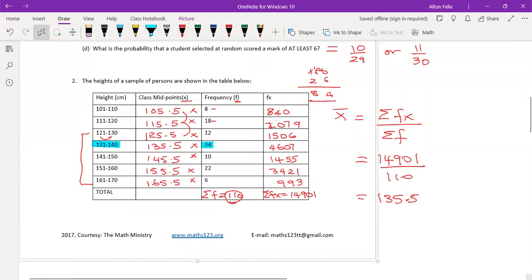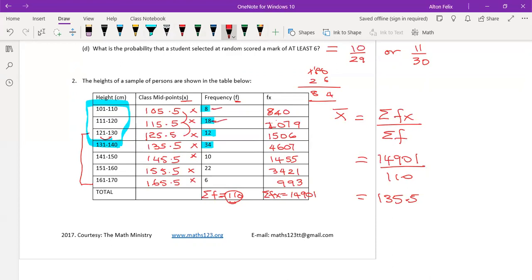At most 140 means 140 and less. So we'll be looking at this group from here. 140 and less will be from here to here. So we simply add up all these numbers. Right, so let's add them.